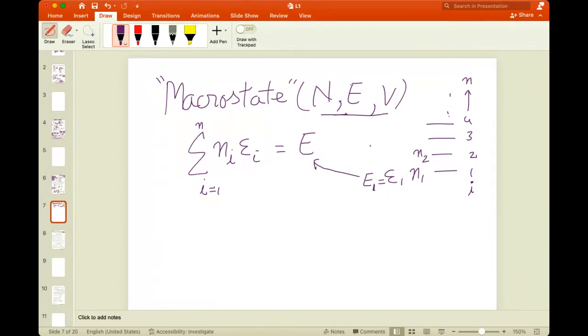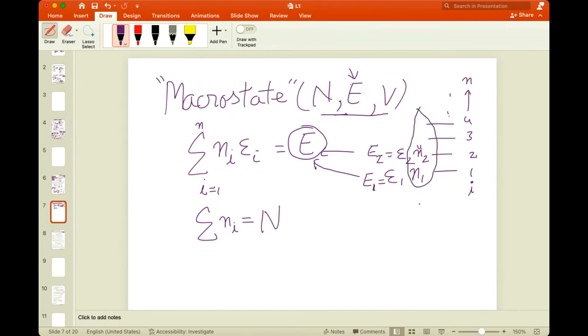So similarly, the energy contribution of the second level would be the energy of this level times the number of particles occupying this level. So this will be the contribution towards this. If I sum over all those energies, then I will get the total energy. This constraint has to be satisfied by this macro state, so whatever macro state is accessible. Then similarly, I also must satisfy this condition: the total number of particles occupying all these levels must sum to the total number of particles, right? So this is where n appears here.